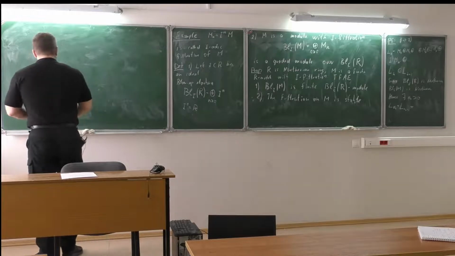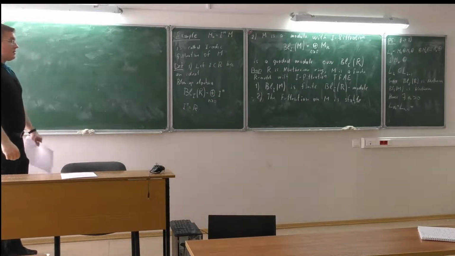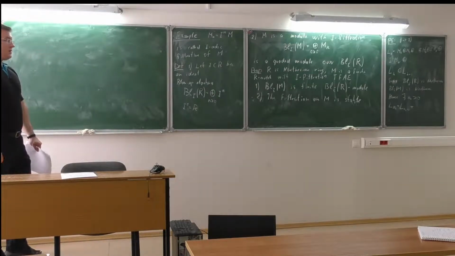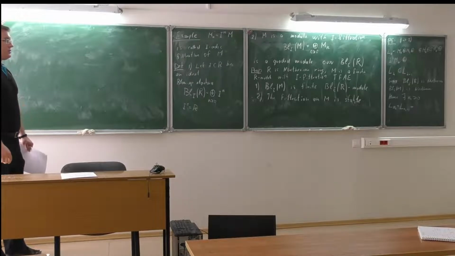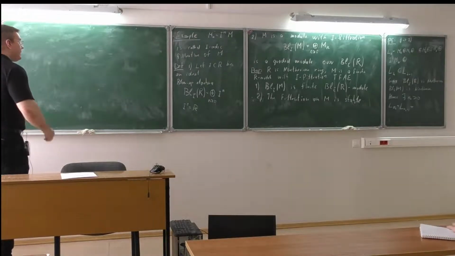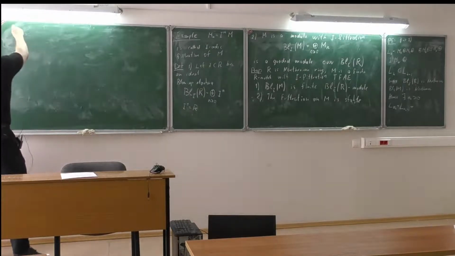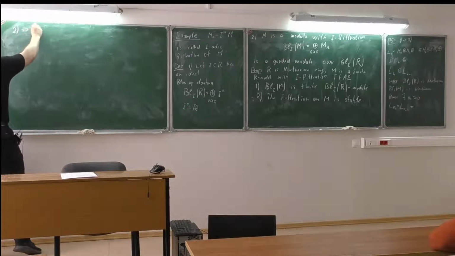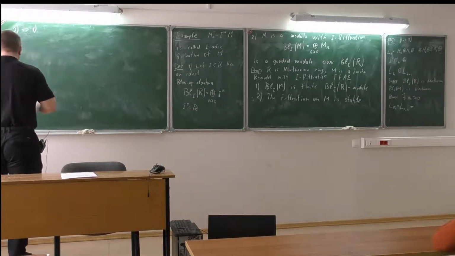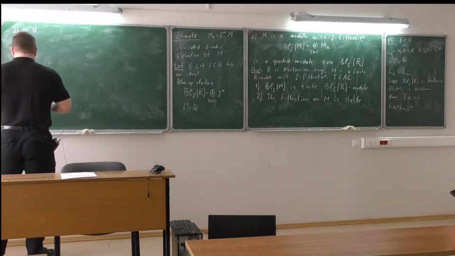If a graded module is equal, it's equal in every grade, so the corresponding graded components are the same. So 1 implies 2, and now 2 implies 1.